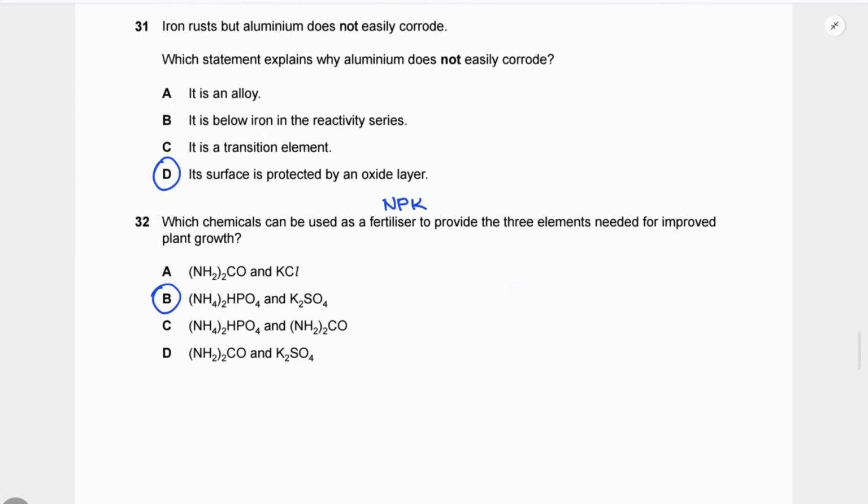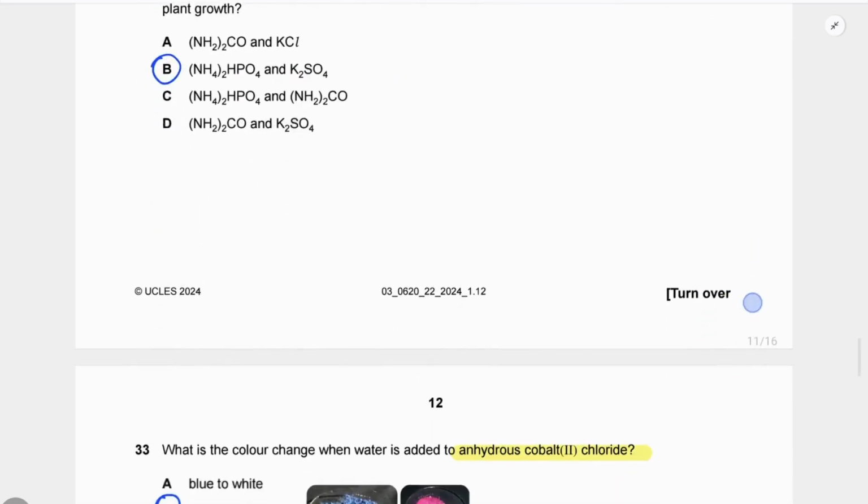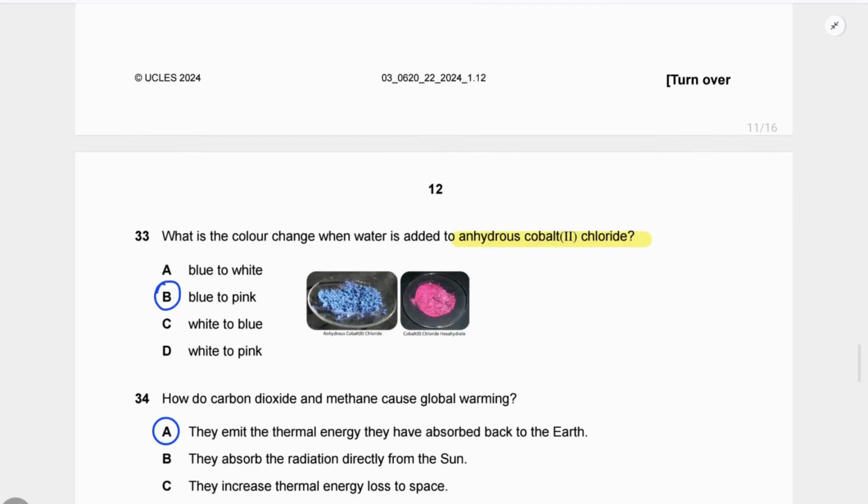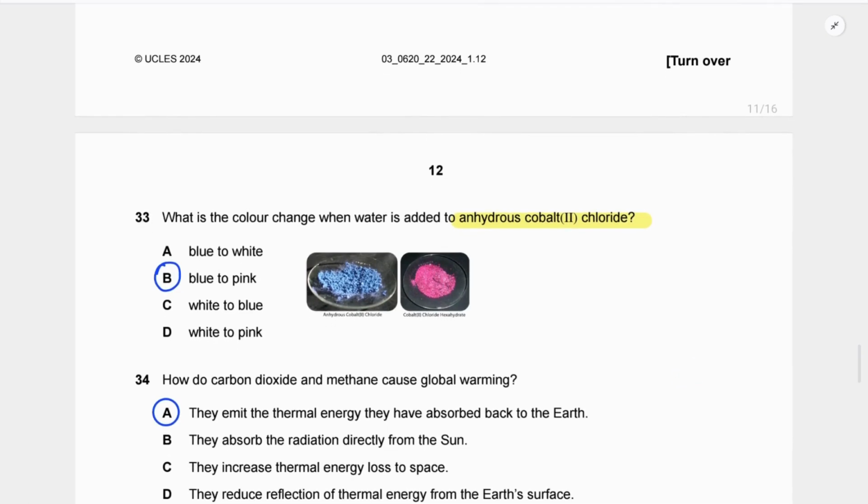32. Which chemical can be used as a fertilizer to provide the three elements needed for improved plant growth? We know that for a fertilizer we require NPK, which is nitrogen, phosphorus and potassium. So the compound must have all these elements present. So we have N, we have P and we have K as well. So the correct answer is B. Question 33. What is the color change when water is added to anhydrous cobalt chloride?